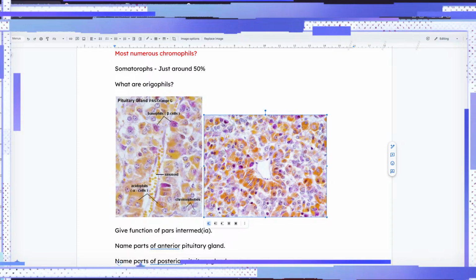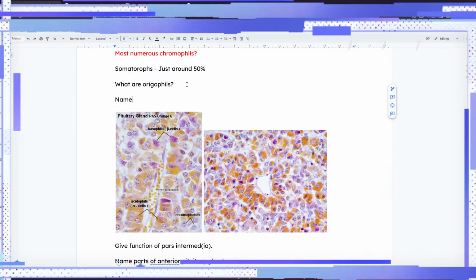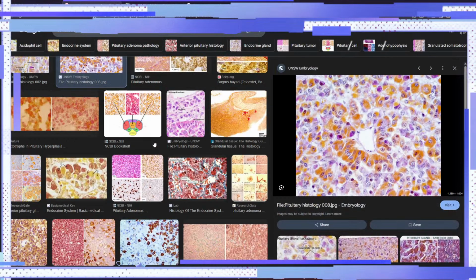Okay, I am losing myself. What are oligophils? Somatotrophs stain. What is that orange stain, bro?